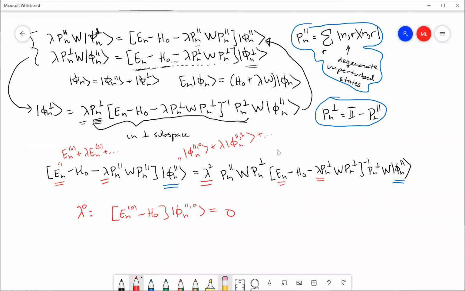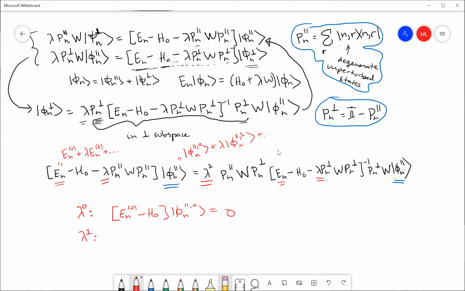That's sort of sensible, right? Because that's just the unperturbed equation. If you don't have a perturbation, then you just get the original eigenvalue equation. So that's kind of a silly case.